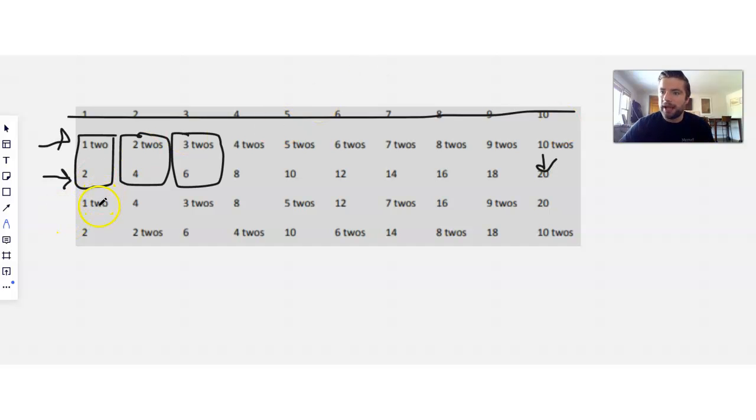Now, here's the real challenge. Can we skip count by alternating between these two ways to say the numbers? For example, let's take a look at this third row and see if we can say this together. 1 two, 4, 3 twos, 8, 5 twos, 12, 7 twos, 16, 9 twos, and 20.